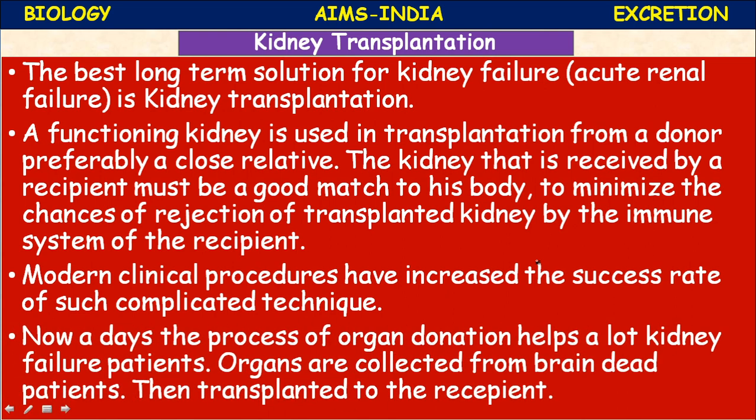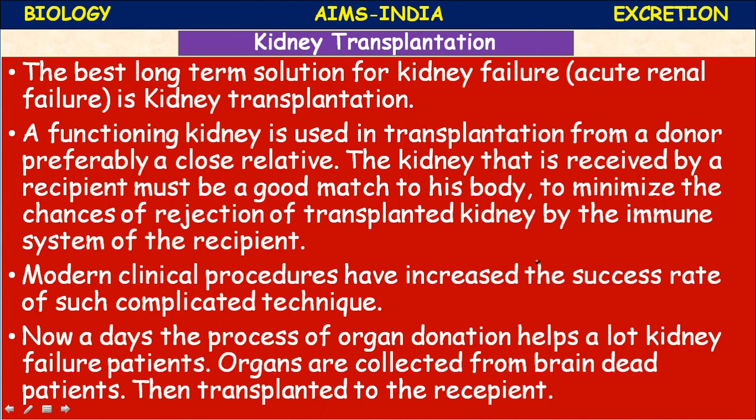Nowadays the process of organ donation helps a lot of kidney failure patients. The organs are collected from brain dead patients, then transplanted to the recipient. Recipient means the person who receives. So there are a few questions.